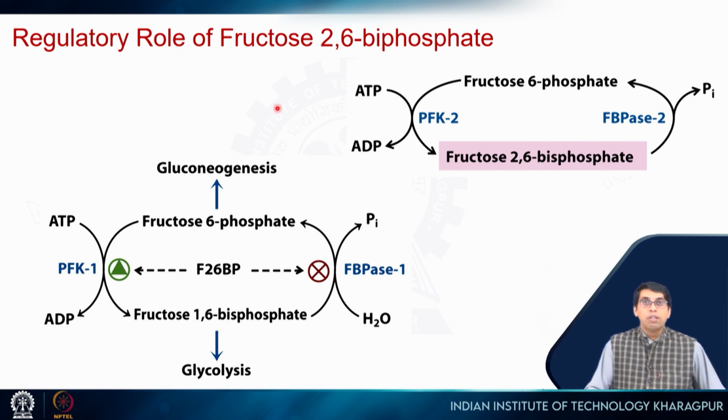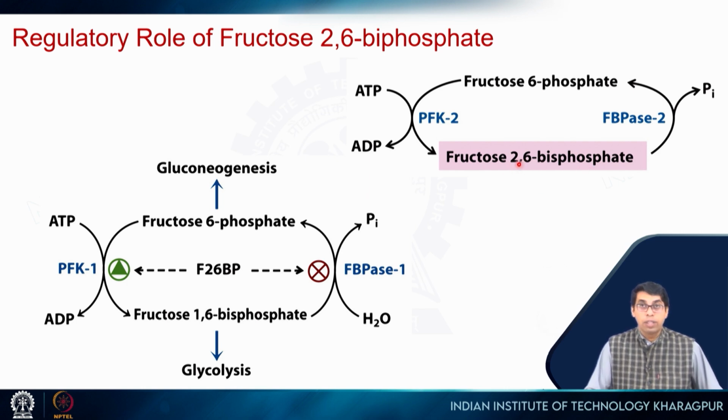So, let us look at fructose 2,6 biphosphate. Fructose 1,6 biphosphate is something that is produced in the normal pathway, right. But fructose 2,6 biphosphate is also produced from fructose 6 phosphate by a different enzyme, which is phosphofructokinase 2. So, remember phosphofructokinase 1 produces fructose 1,6 biphosphate and phosphofructokinase 2 produces fructose 2,6 biphosphate. Okay.